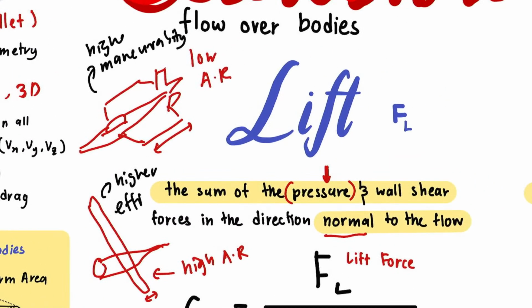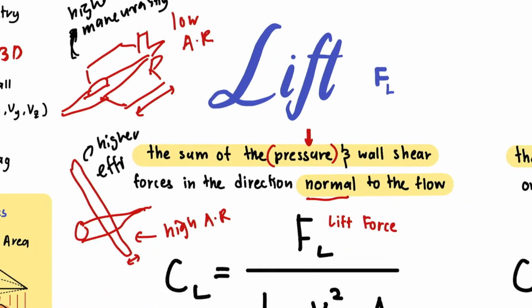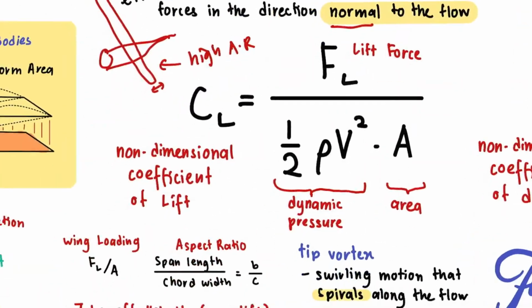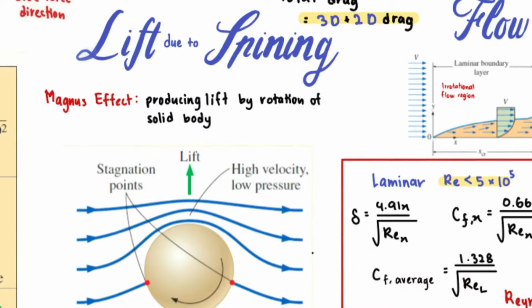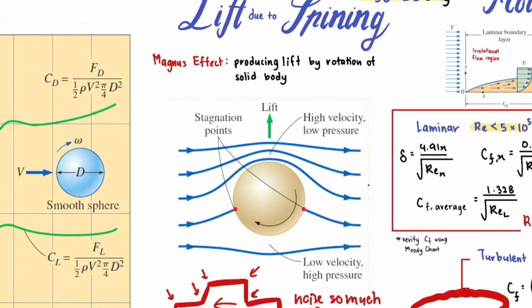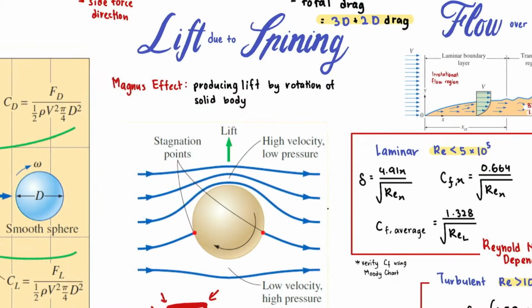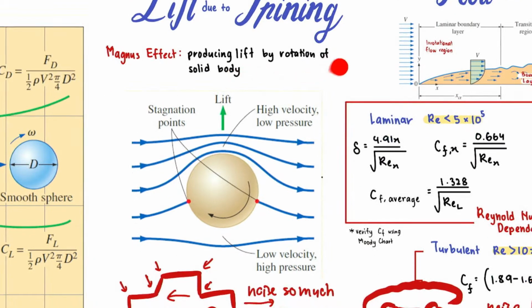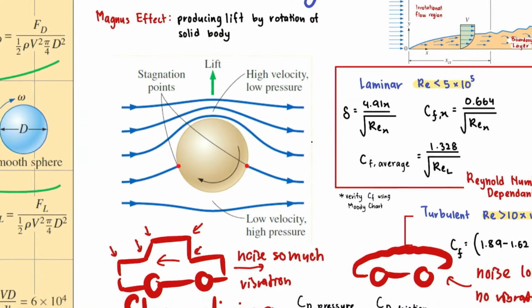This one higher maneuverability. This one higher efficiency. Macam tu lah. Okay lah. Ni lift due to spinning. So, hello. Okay. So this is what we call the Magnus effect, producing lift by rotation of solid body.